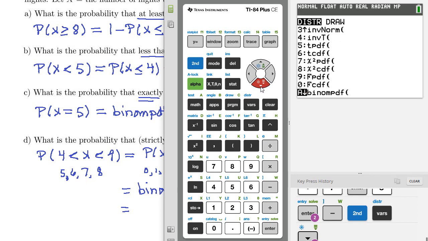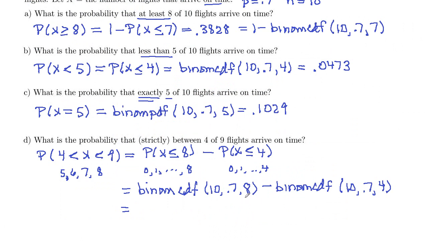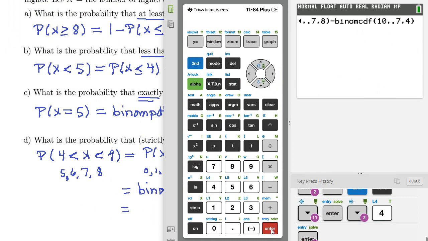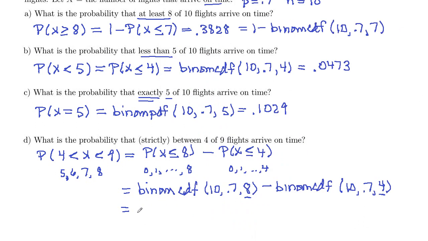Scroll down. And then we are doing up to 8, subtract off 0 up to 4. So 0 to 8 minus 0 up to 4. So we're going to change that 8 to a 4. Everything else stays the same. Paste it, enter again, 0.8033. So it's about an 80% chance approximately that you'd have 5, 6, 7, or 8 flights arrive on time.